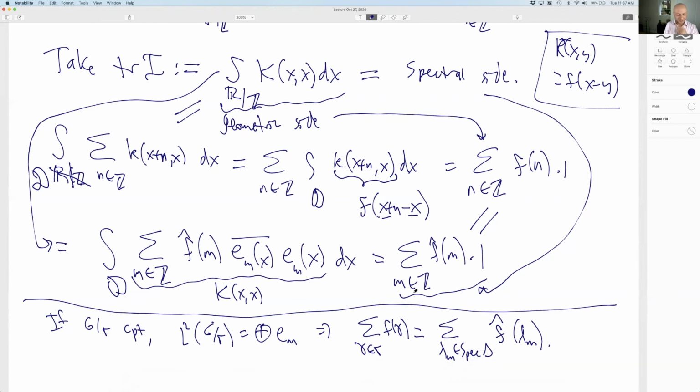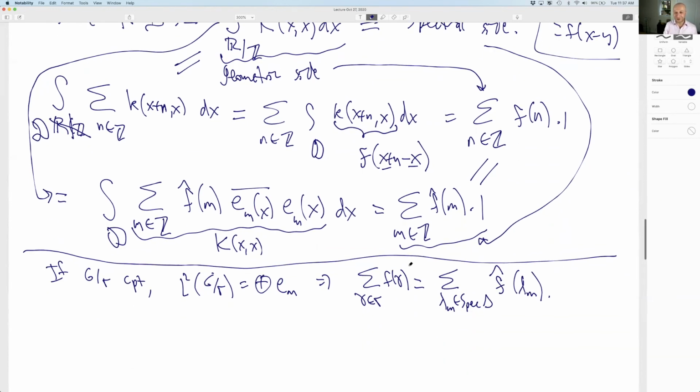So this is literally the geometric side and the spectral side. And that's why I insist on using the integers, which is the geometric group, and the spectrum. These n's and m's have completely different roles from this point of view. So this is the beginnings of what a general trace formula looks like.